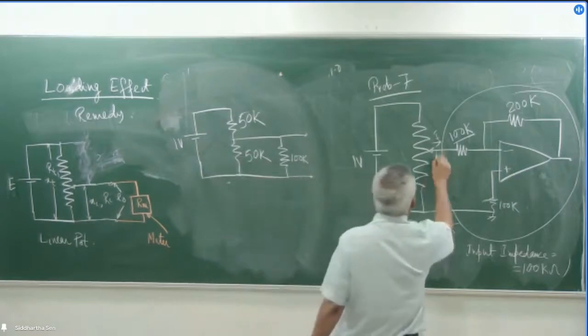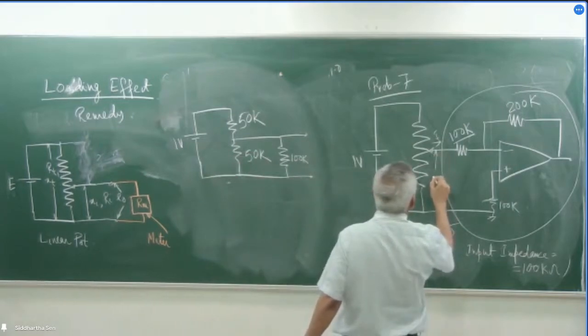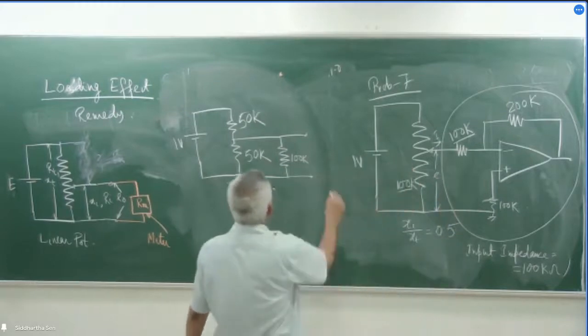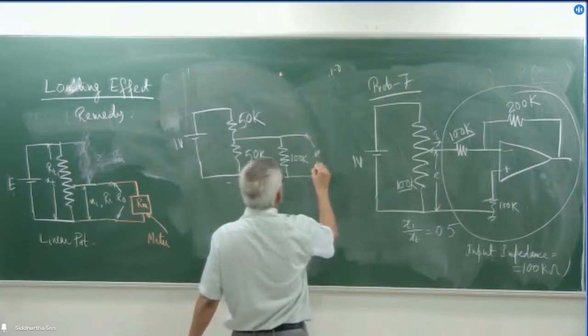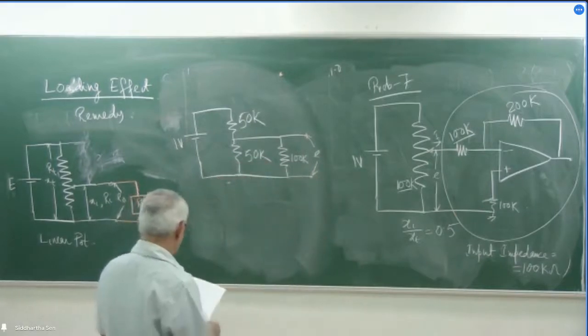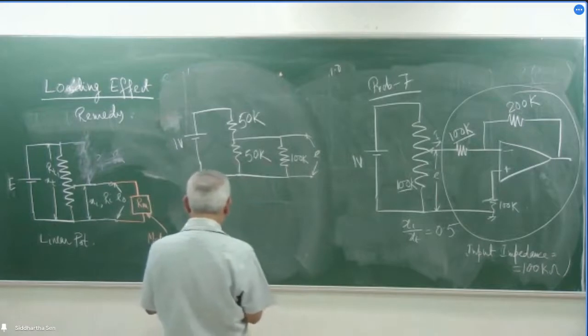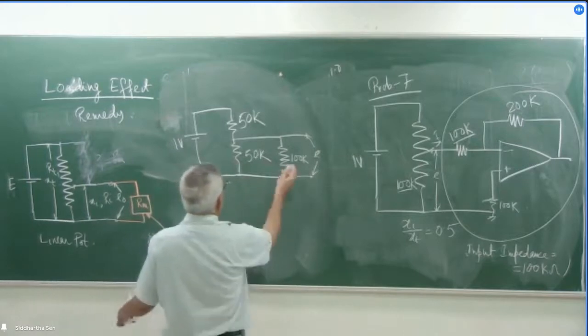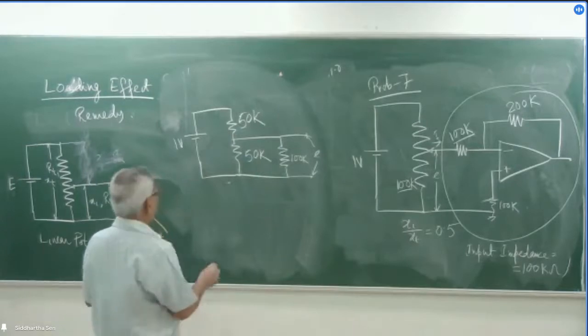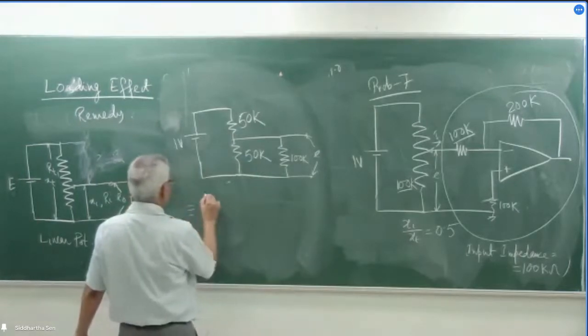If I say this is your small e, what is the value of small e in this case? This small e would be this 100K parallel to 50 ohm, or like this.